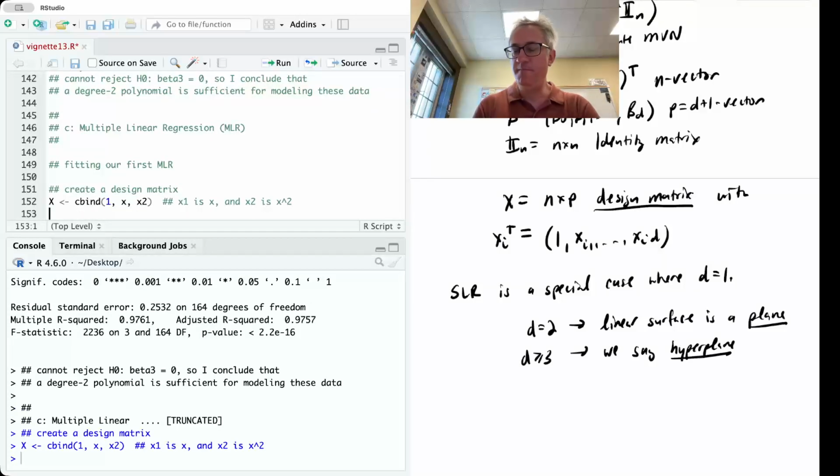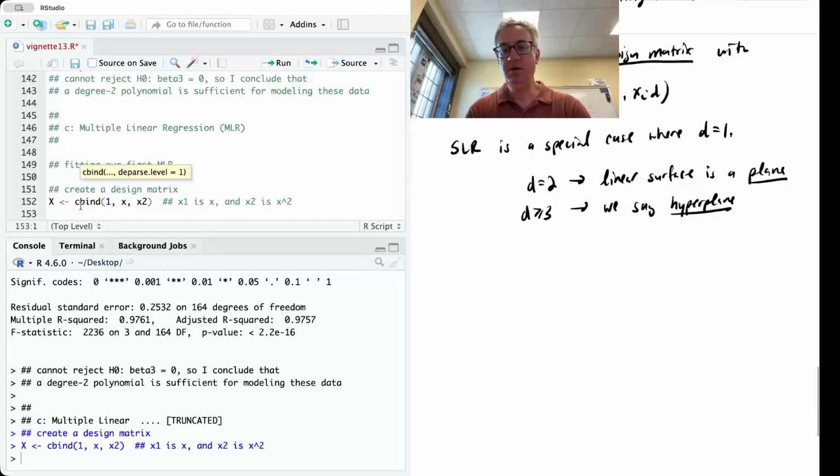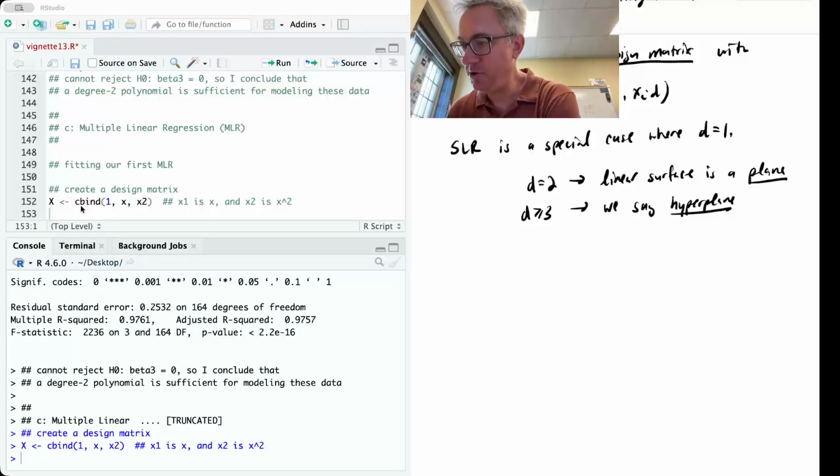So we already have a vector of y's, and now we have a matrix of x's that is n rows long and p equals 3 columns wide. And with that, we can do all the calculations that are necessary. And I'll come to those calculations in just a moment. So how do we interpret these things?